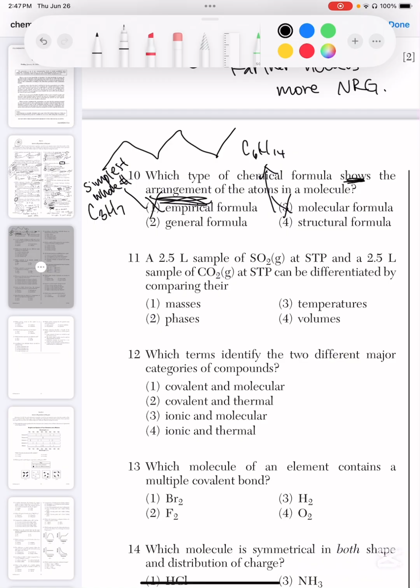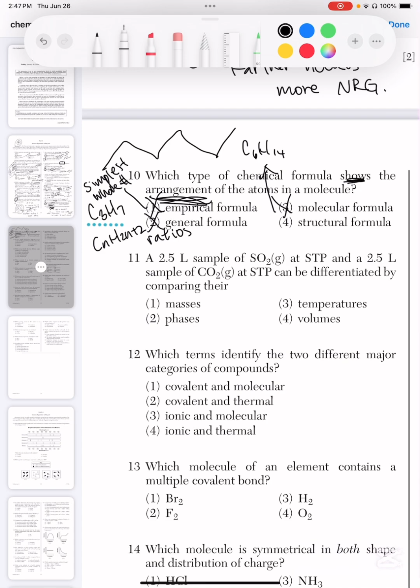And then the general formula would just be the one that's like the ratios. So for hexane, it would be this, which also doesn't tell you anything about the structure.